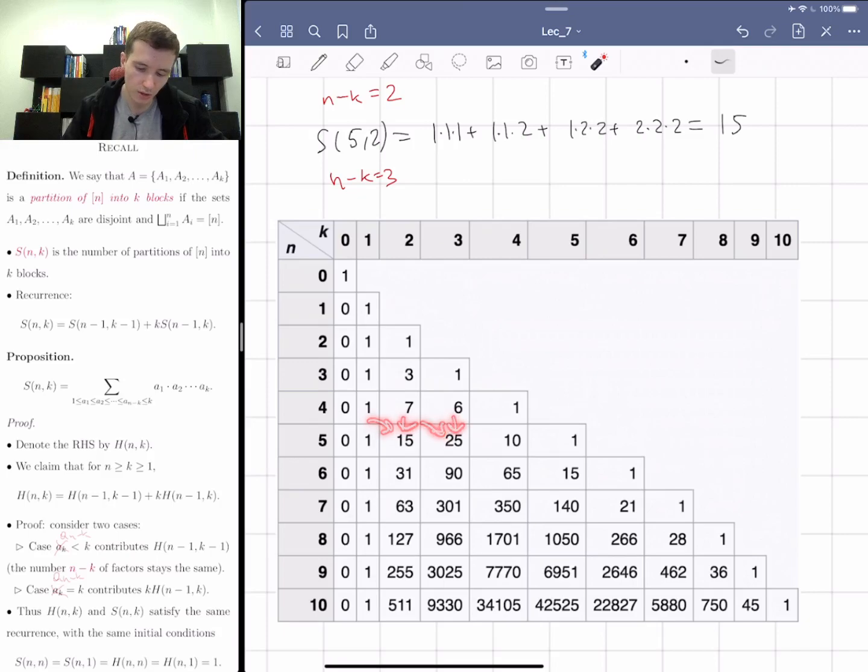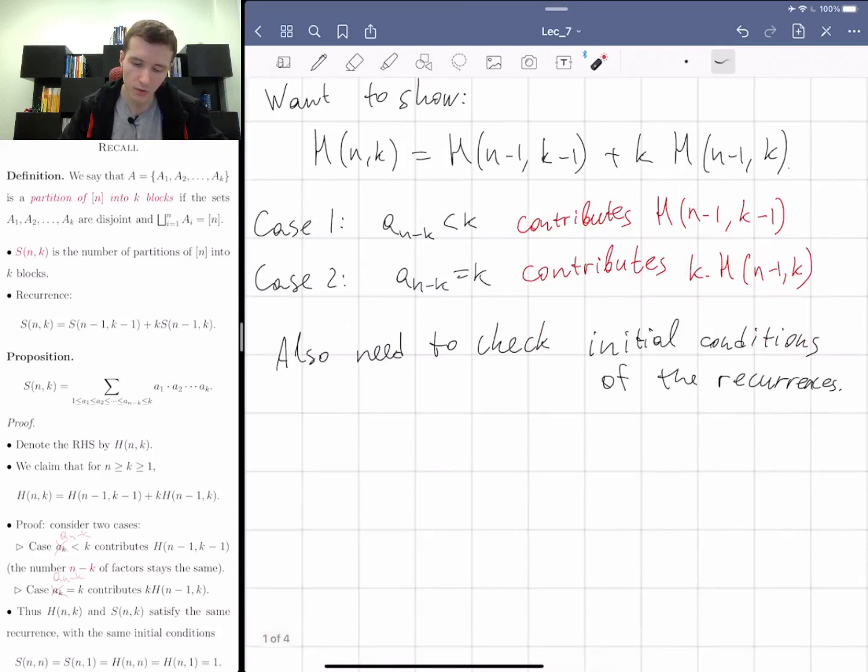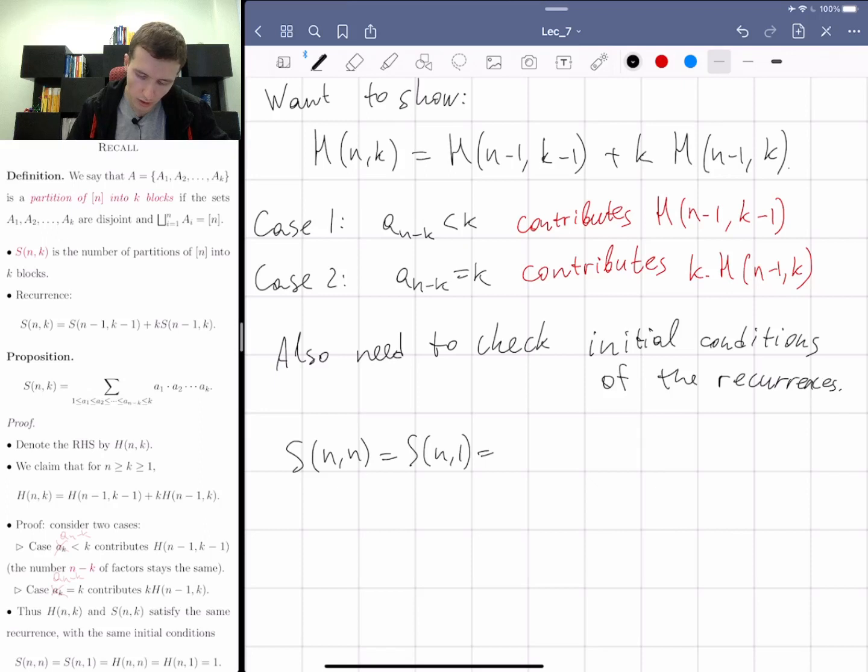Essentially, all you need is to check these initial conditions with the ones. And similarly for the h's, because the recurrence proceeds in the same way. So all you need to check is that s of n comma n and s of n comma 1 are equal to 1, and similarly that h of n comma n and h of n comma 1 are equal to 1.